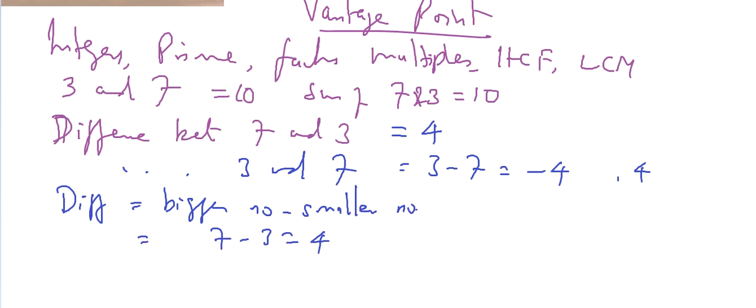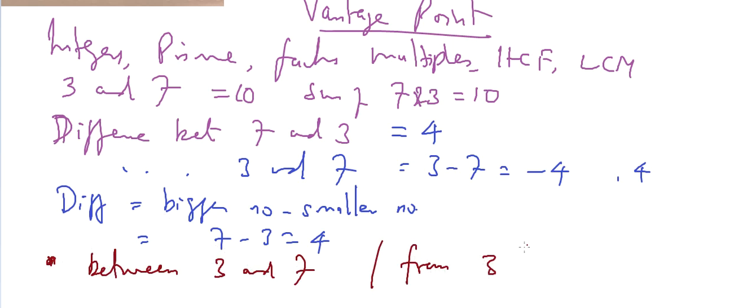And also, there is a difference between the terms "between 3 and 7" and "from 3 to 7".